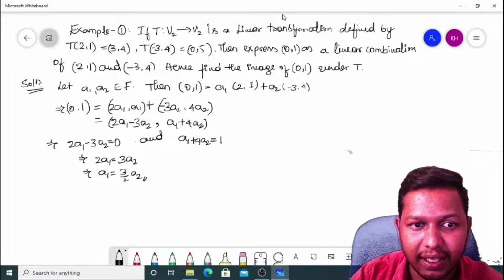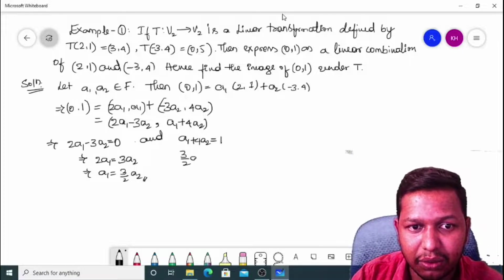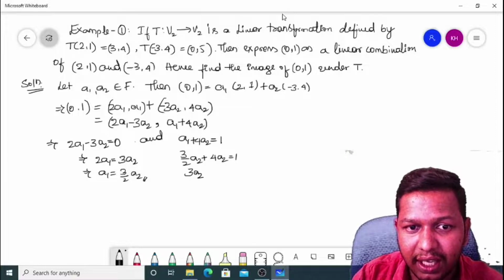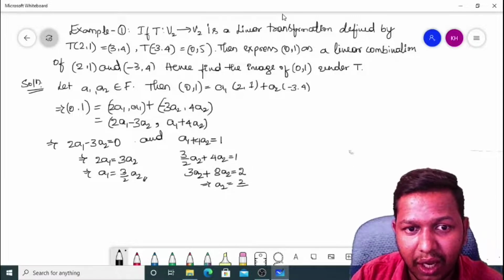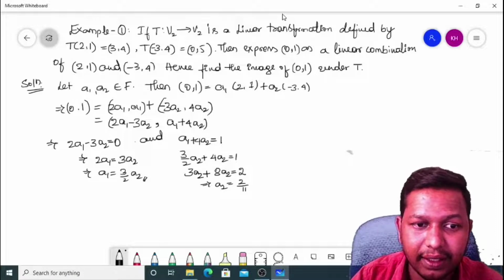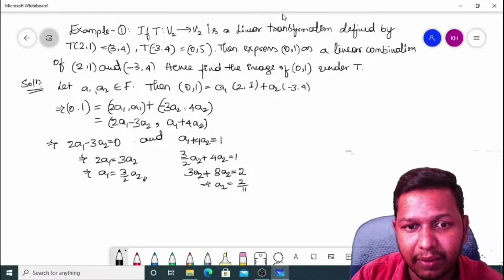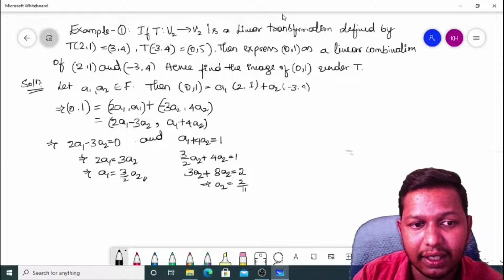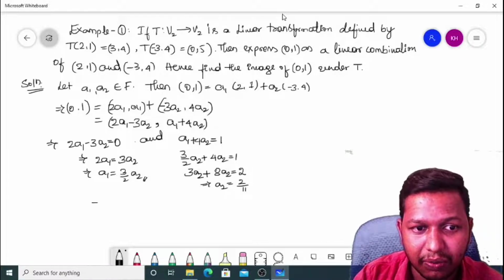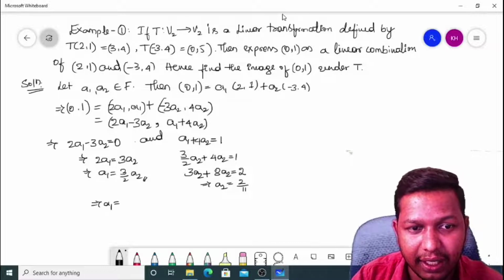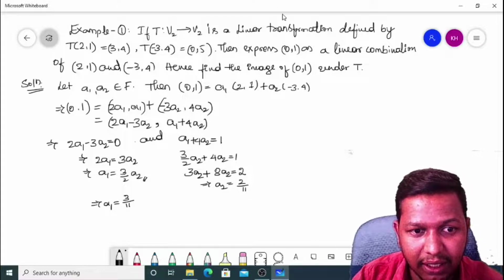Substitute this value in the second equation, that is 3/2 a2 + 4a2 is equal to 1, that is nothing but 3a2 + 8a2 is equal to 2, which implies that a2 is equal to 2 divided by 11. So substitute this value in a1 is equal to 3/2 into a2. We get a1 value as 3 divided by 11.